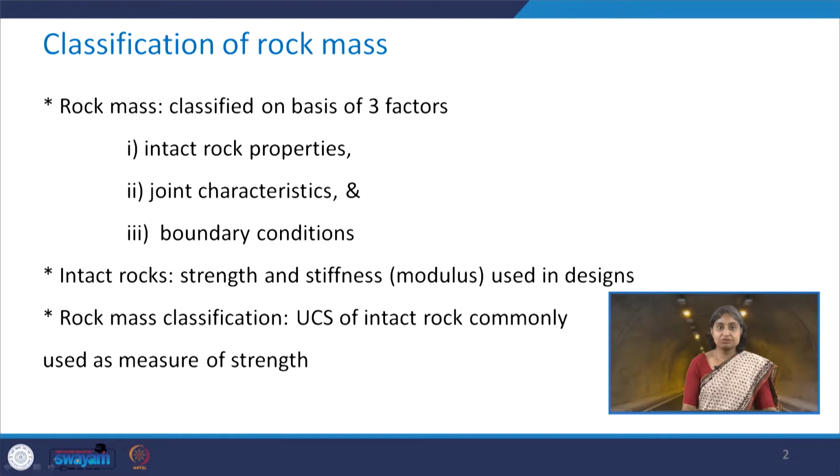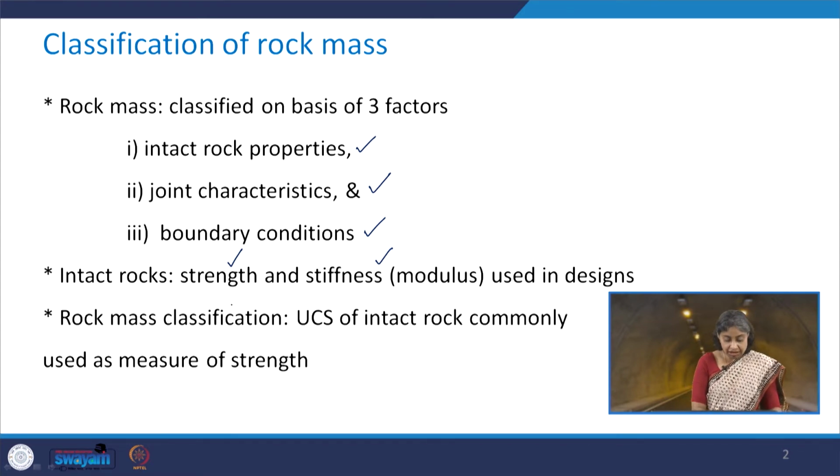So, basically there are three factors on the basis of which rock masses are classified. The first one is intact rock properties, then joint characteristics, and the last one is the boundary conditions. As far as intact rocks are concerned, their strength and stiffness or modulus are used in design.